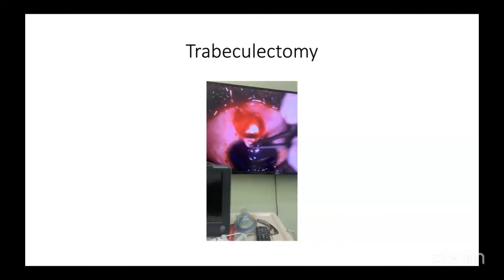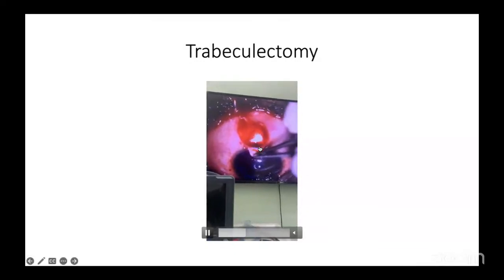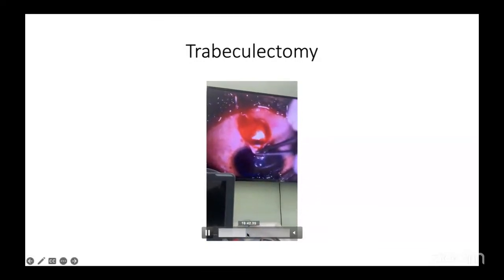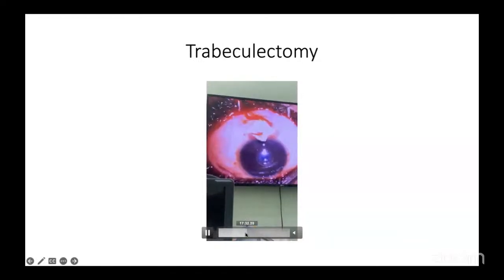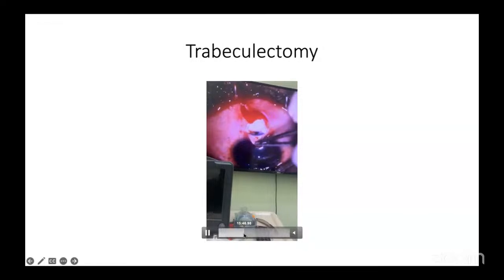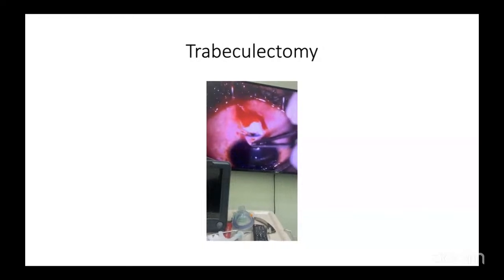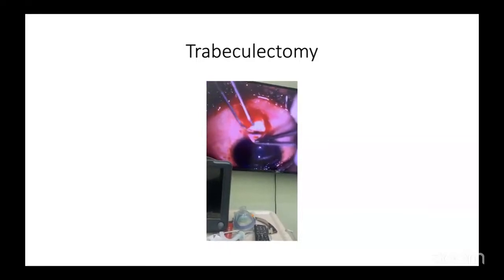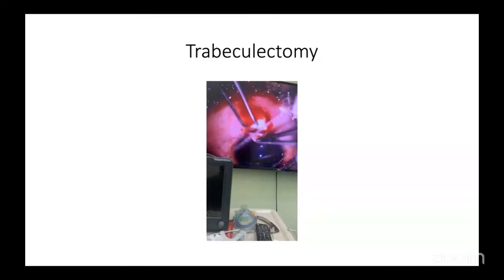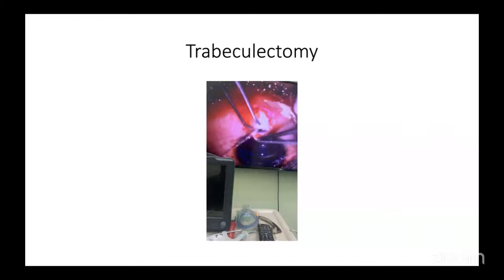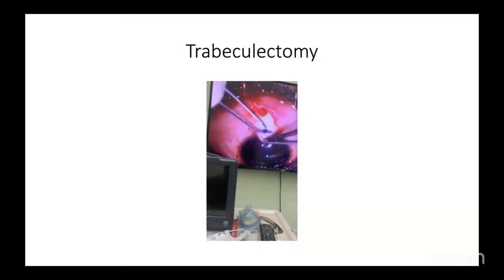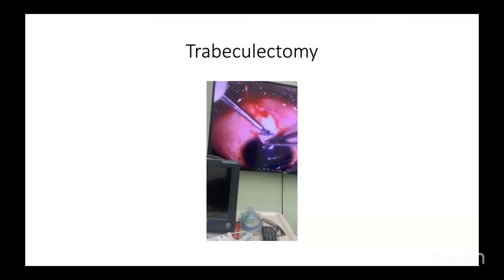Let me see. That's still showing. So I just want to show that when you are cutting the iris after you pull it out of the ostium, the iris is cut at the base so that you can have a rectangular shape PI.